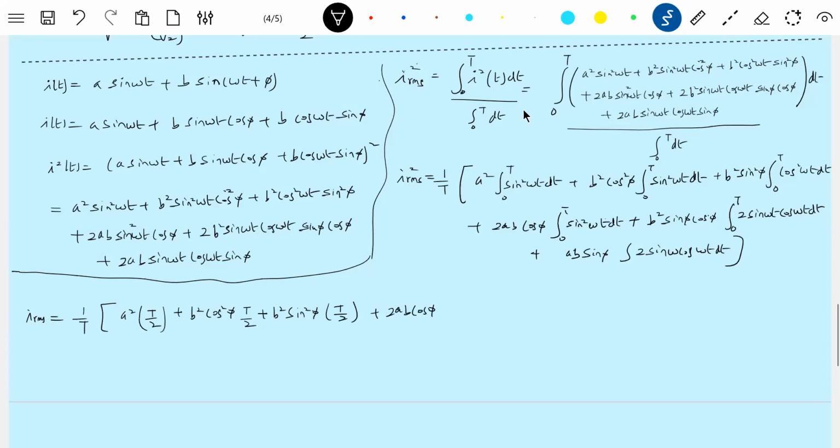Sine square omega t, this should also be T by 2. This will be 0, this will be 0. Any reason for that? 2 sine omega t cos omega t you are going to make as sine 2 omega t. Then sine omega t, sine 2 omega t, or sine 3 omega t, what is the average value for one full cycle? It should be 0. So these quantities will end up 0.